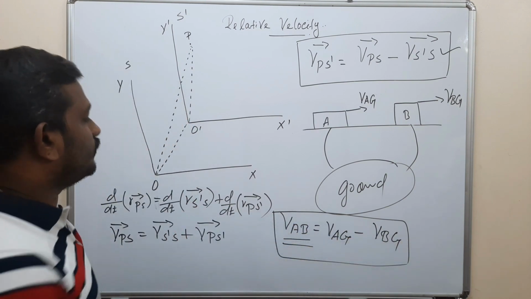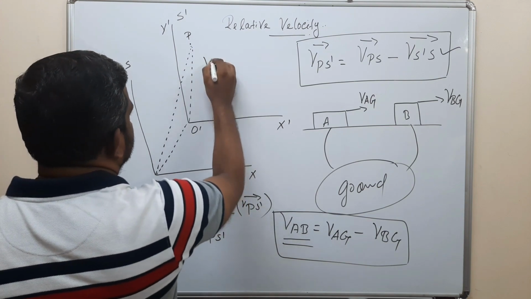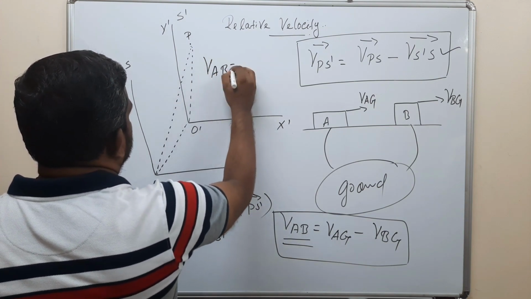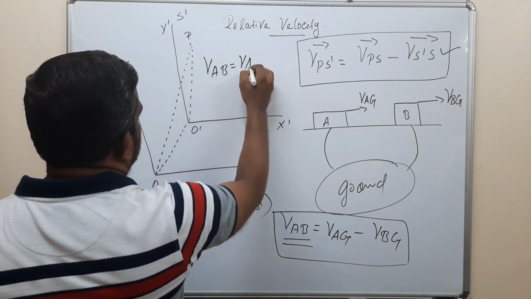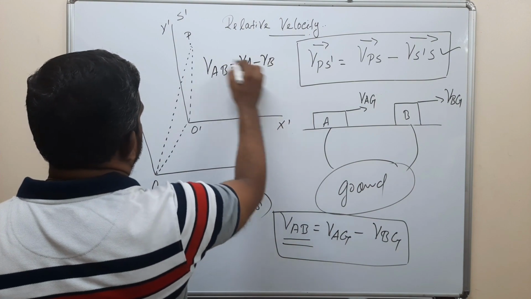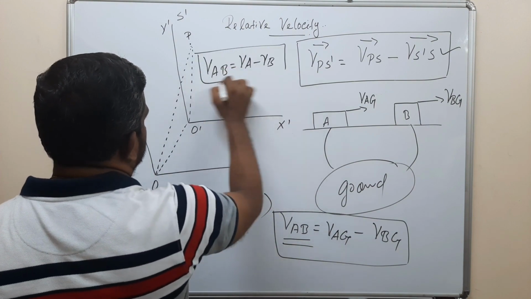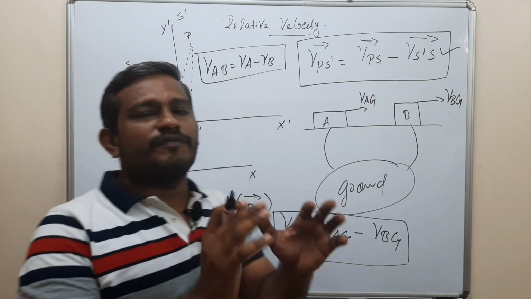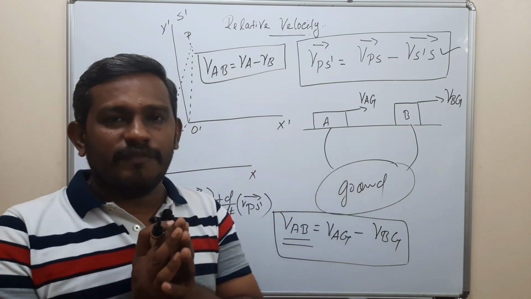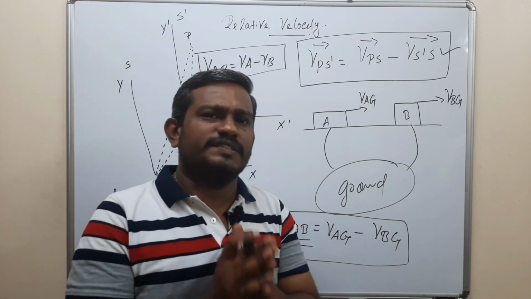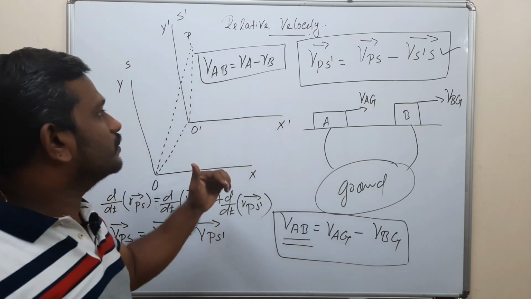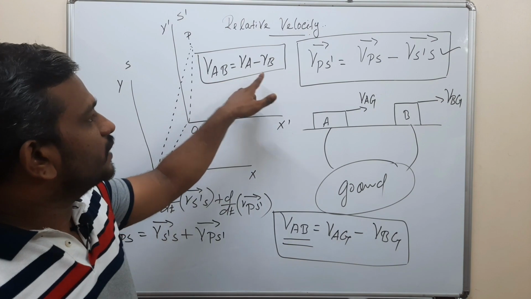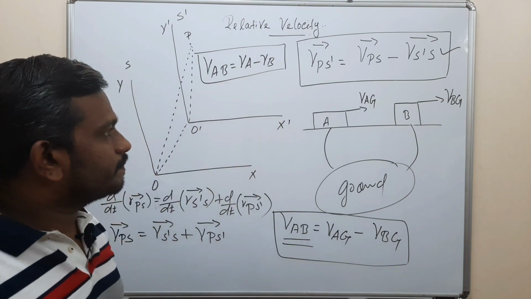In short form we write v_AB is equal to vA minus vB. It is understood that the common frame is ground. If the frame of reference is not specified, the frame of reference is ground only. So v_AB is equal to vA minus vB.